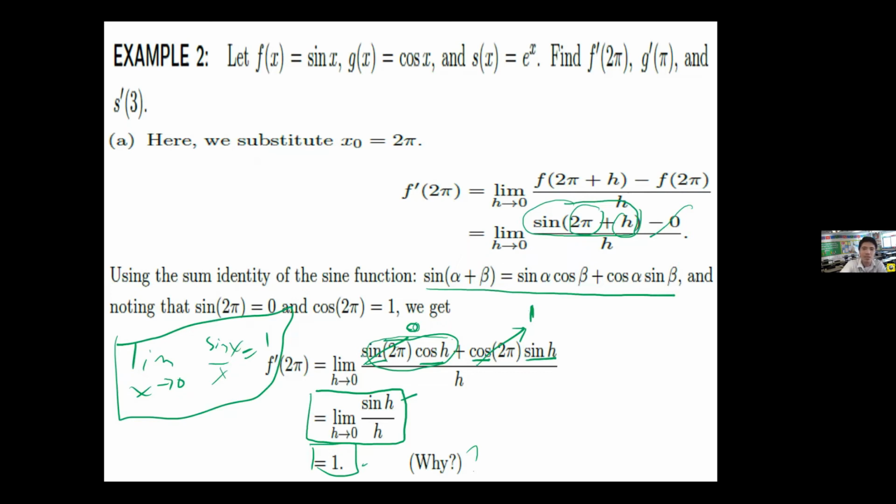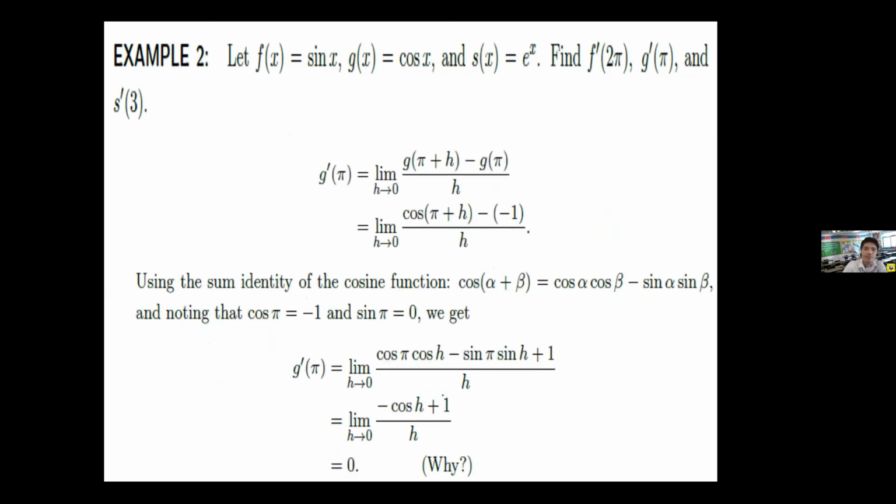So that's one example. Another example is kani g of x, which is equivalent to cosine x. So again, una kuhaon is g of pi, ang ginapapangita is g prime of pi man. So kuhaon nimo si g of pi.